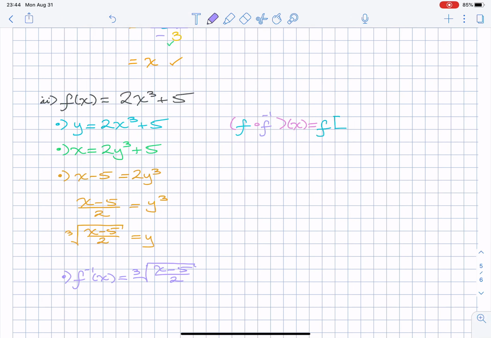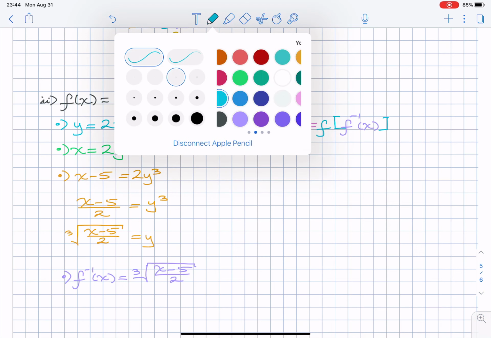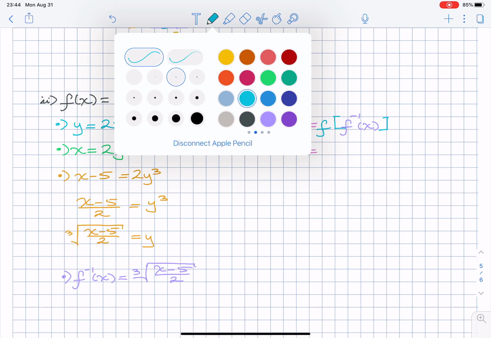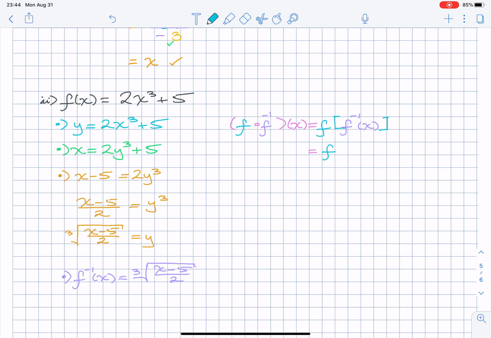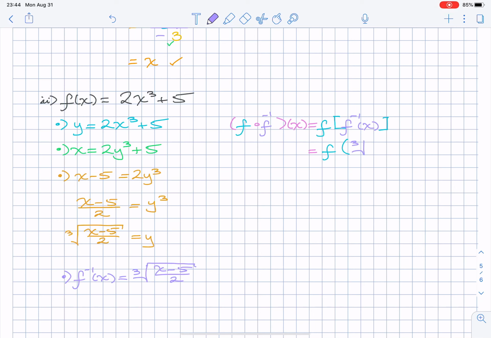Which means that into the function f, we're plugging the function f inverse of x. Okay, so namely into the function f, we are plugging the function, the cubed root of x minus 5 all over 2.